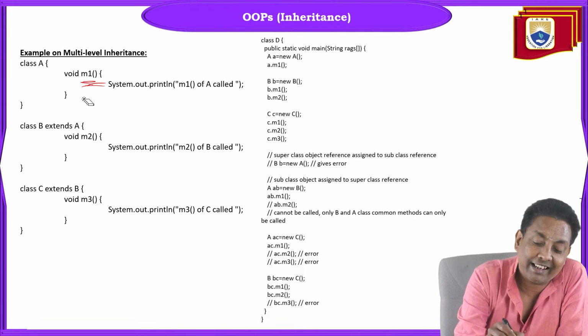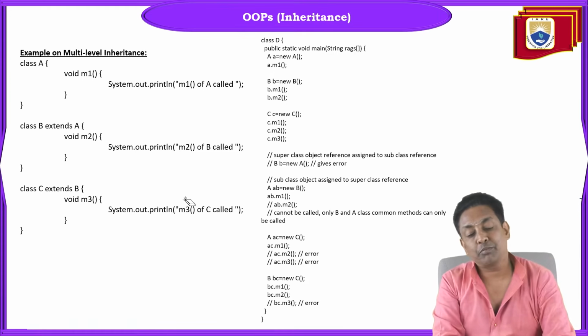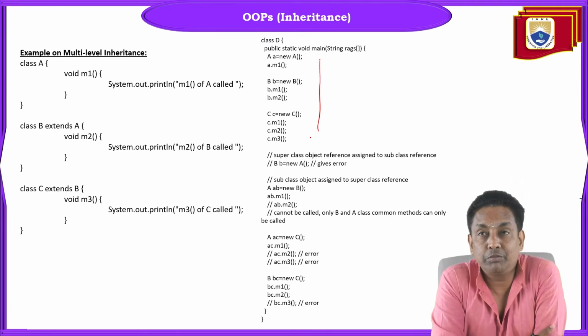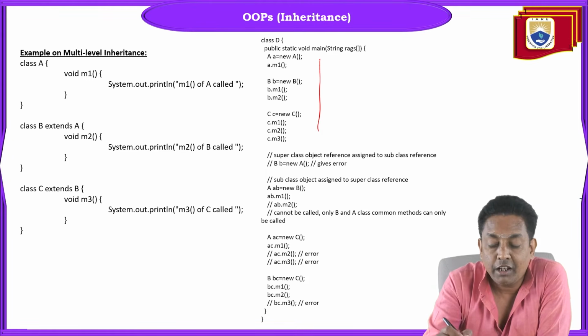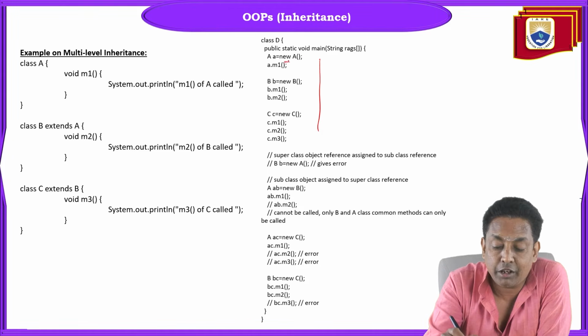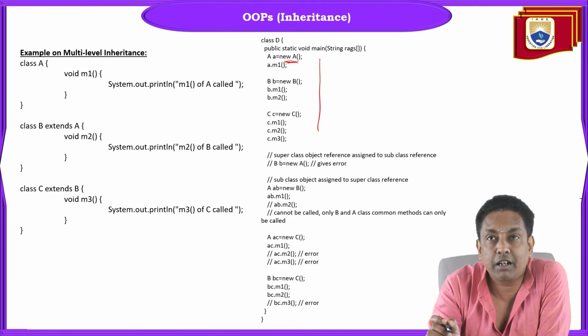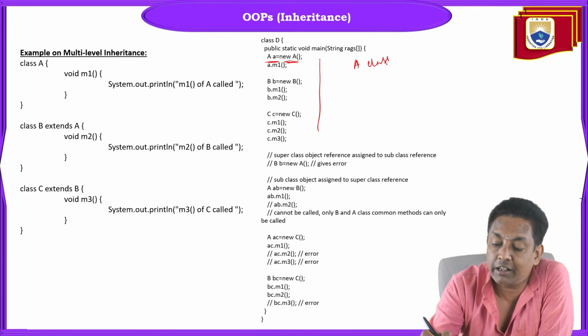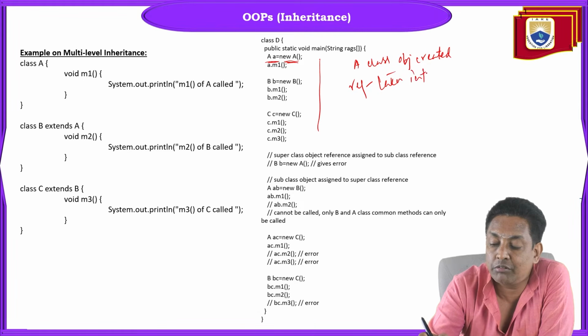Now coming to the client, see how interesting it is. On the right side, if you carefully observe, here I created an object of A with new A(), and taken the reference into A. A class object created, A reference taken into A class reference.